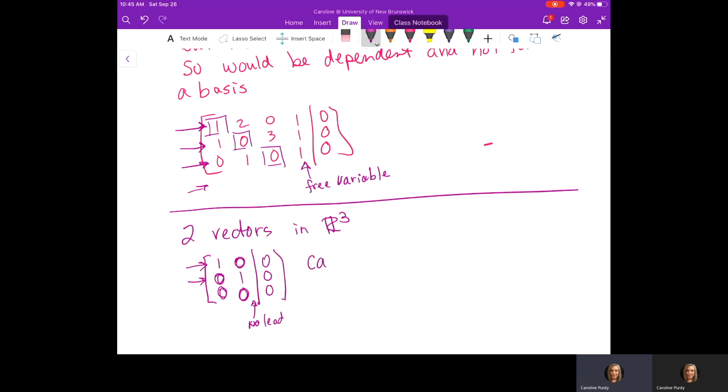So this can never span R3, because to span R3 you would need a lead 1 in each row. This may or may not be independent. That depends if there are two lead variables or not, but it can never span R3, so it can't be a basis. So 2 vectors can never span R3.